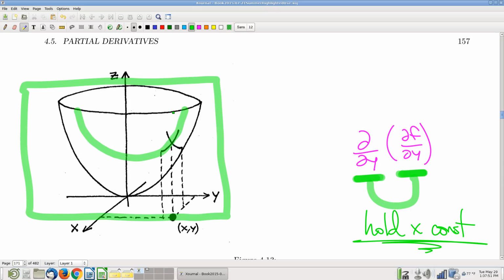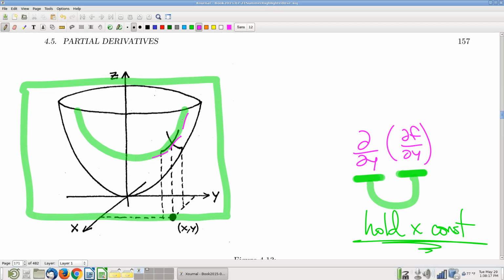If this second partial with respect to y is positive, then it means that if you take the slopes of those cross sections, the slopes of these tangent lines, as you move in the y direction, these slopes are increasing. That means concave up.